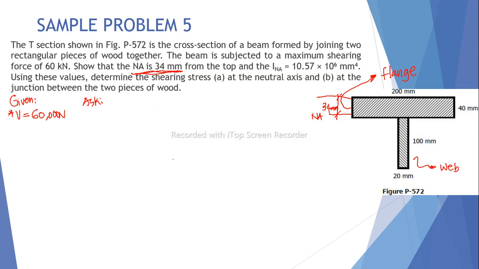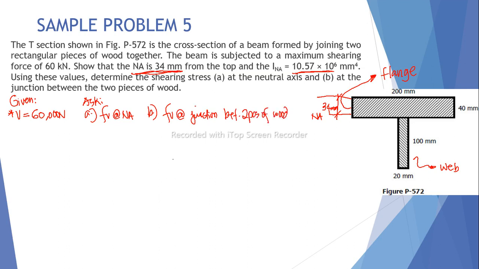Our moment of inertia with respect to the neutral axis is 10.57. Next, we need the shearing stress at the neutral axis, and the second is the shearing stress at the junction between the two pieces of wood.